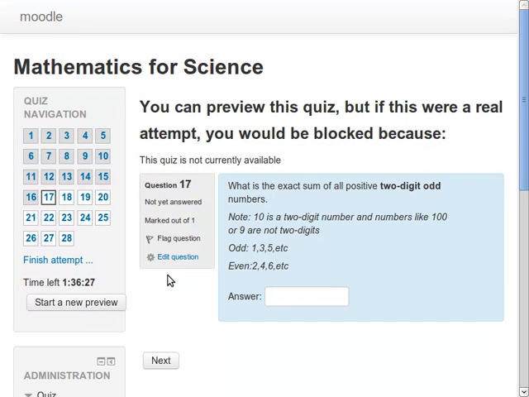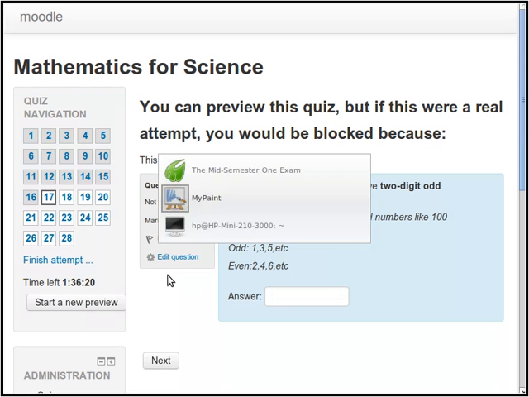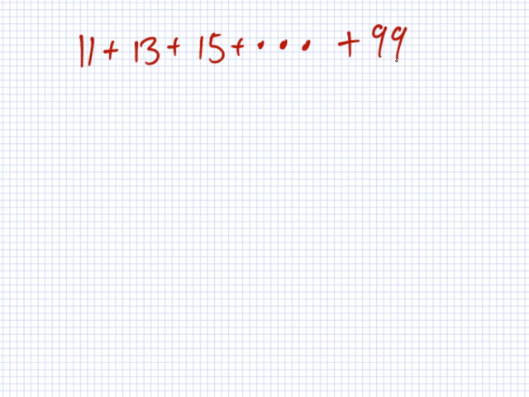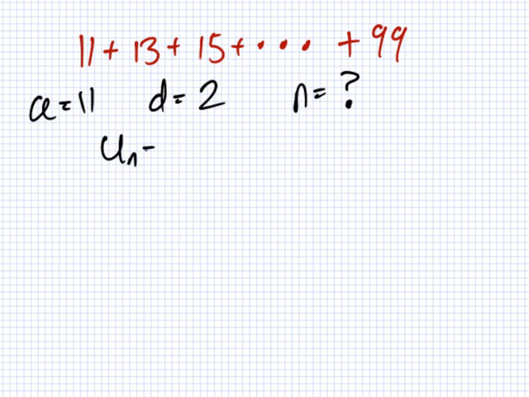Okay, this one might have thrown a few people off. I want the sum of all positive 2-digit odd numbers. What's the first 2-digit odd number? It's 11. And then 13, and then 15, all the way up until, what's the last 2-digit odd? 99, yeah. So here we have a equals 11, d equals 2, and the n we don't know. Let's find it. u_n equals 99.